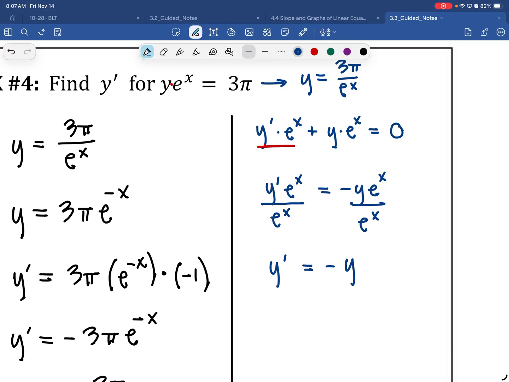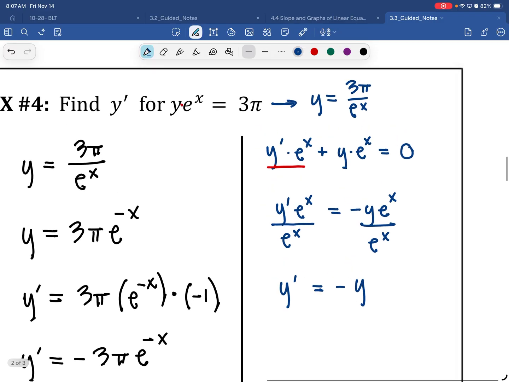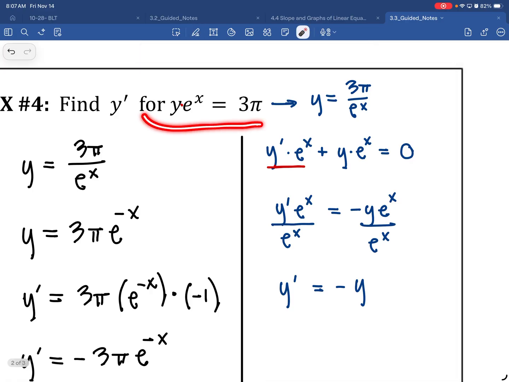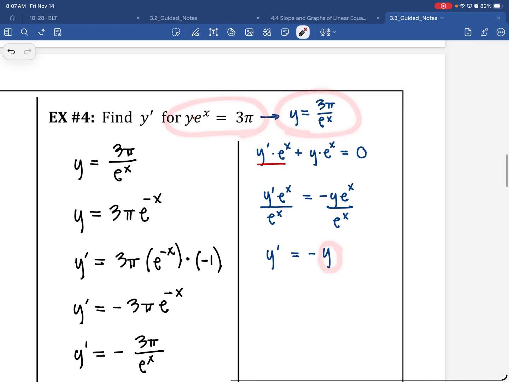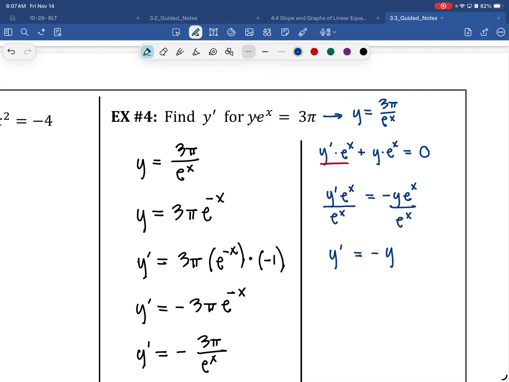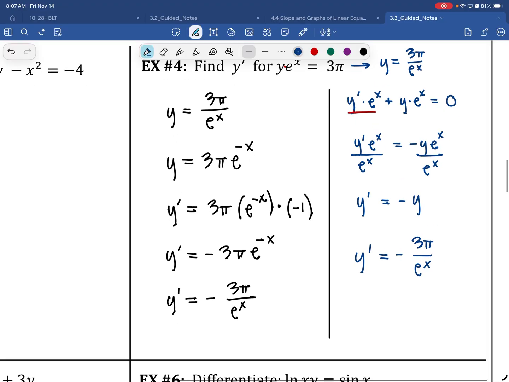You just don't want to leave y in the problem, so you go back to the original definition, solve for that y, and now anywhere you see a y, you can replace it with 3 pi over e to the x. This is going to become 3 pi over e to the x. And that's the same answer.